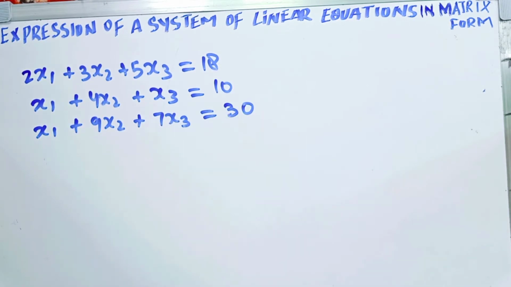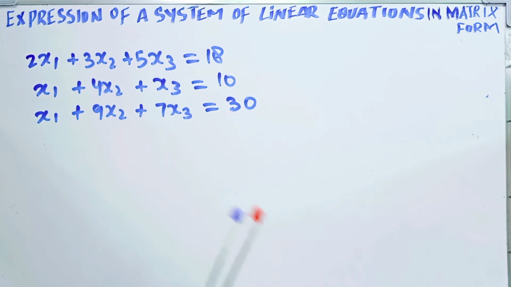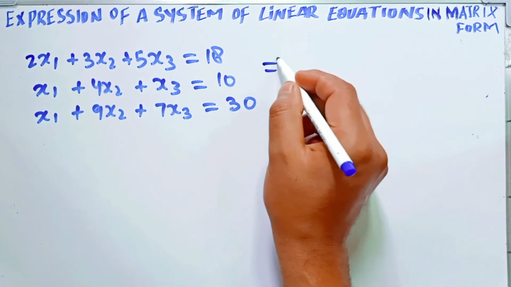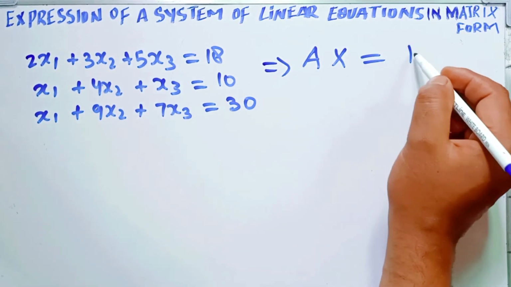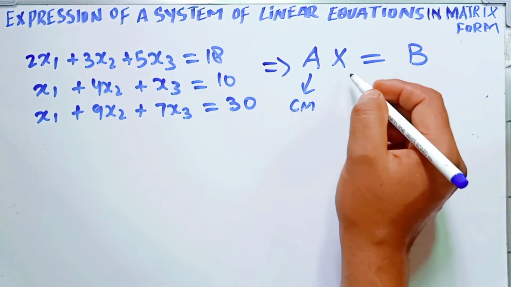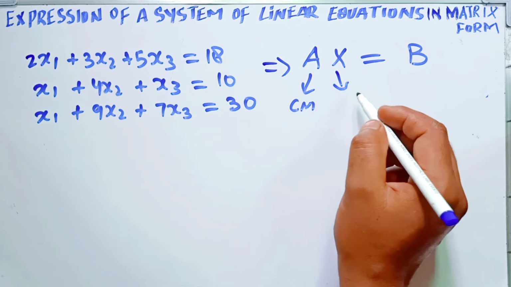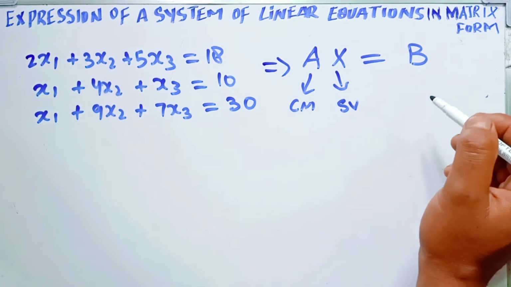If these are a system of linear equations, we can convert them into matrix form, as we have seen in the earlier example. We write this in the form Ax is equal to b, where A is the coefficient matrix, x is the solution vector, and b is the vector of constant terms.